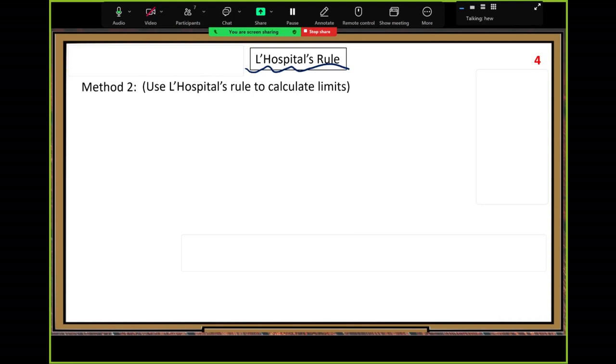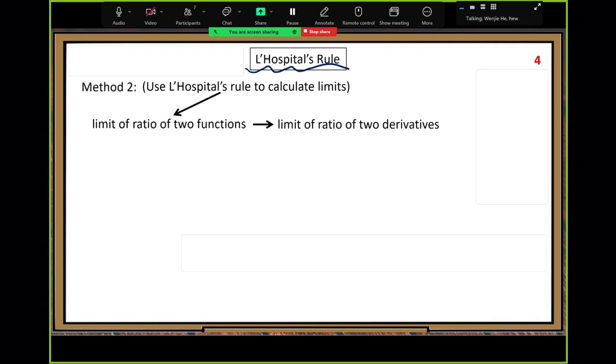In Calc 1, you do not have this result. In Calc 2, we have this method, L'Hopital's rule. So what is L'Hopital's rule? When we calculate a limit that has the form of a ratio of two functions, based on L'Hopital's rule, we can calculate the ratio of the two derivatives of those two functions.